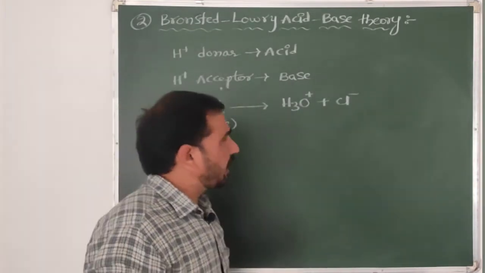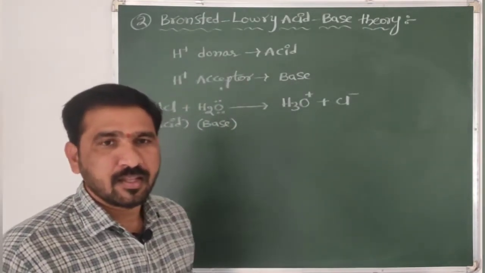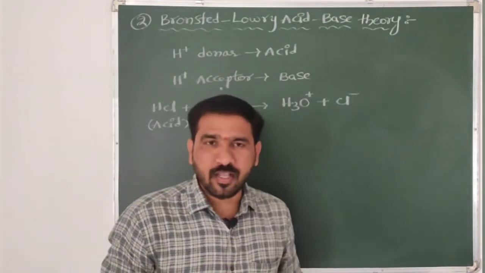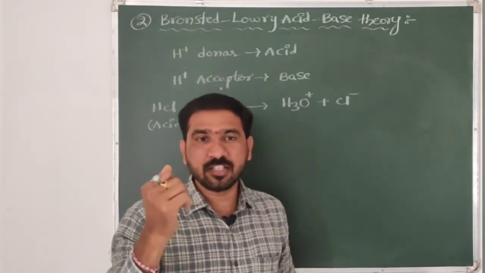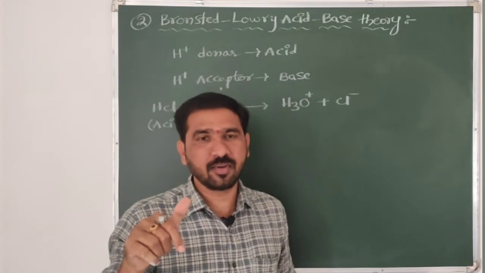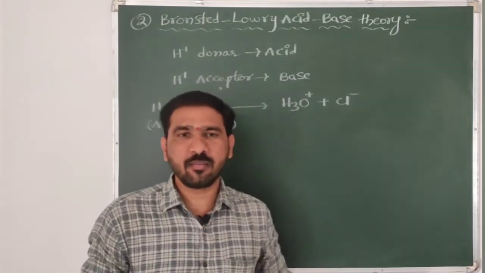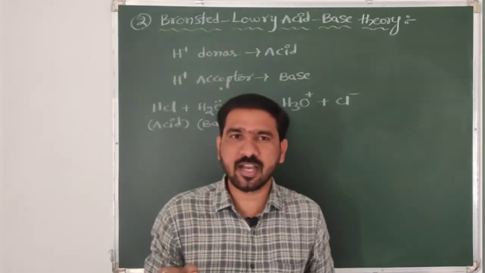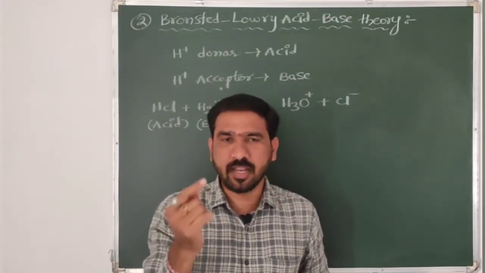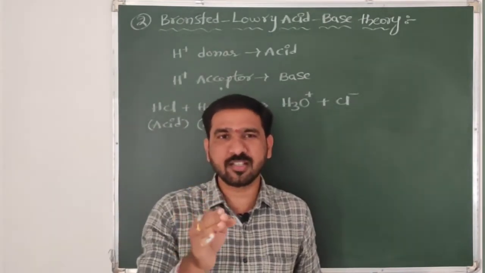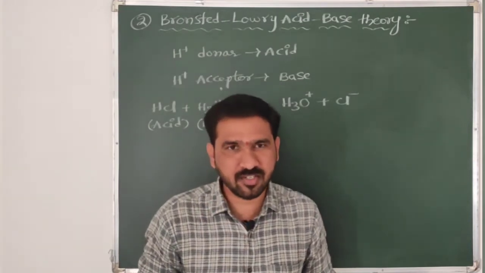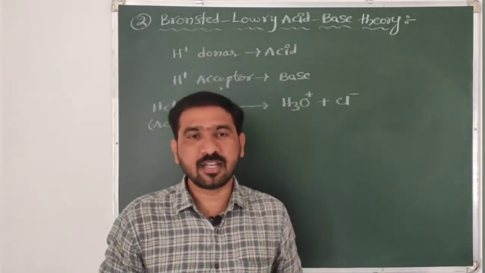Coming to H3O plus, the oxygen, which is a more electronegative atom, has a positive charge. One fact is there: a more electronegative atom always accepts negative charge only. If a positive charge is over that atom, it is less stable.